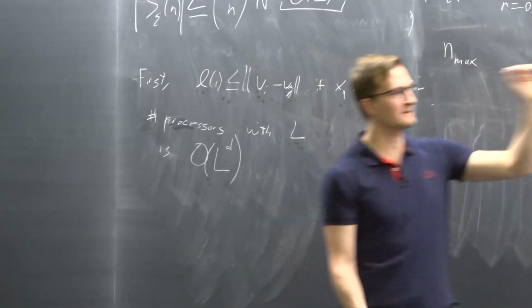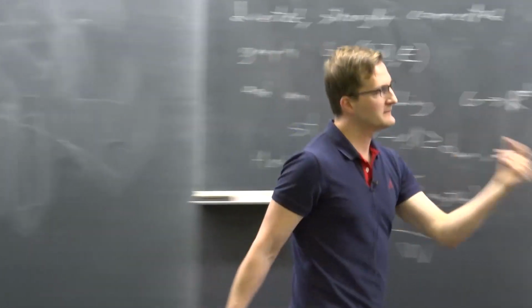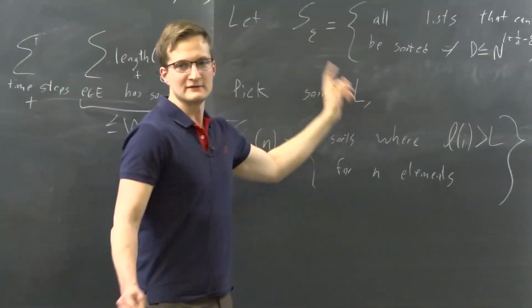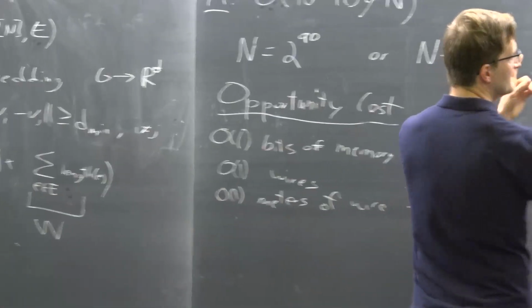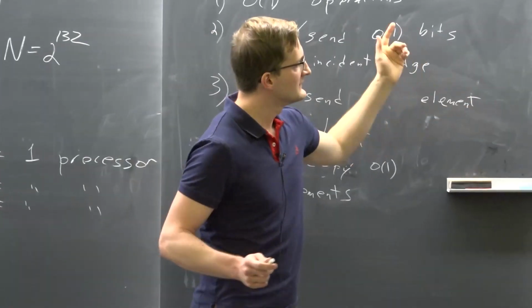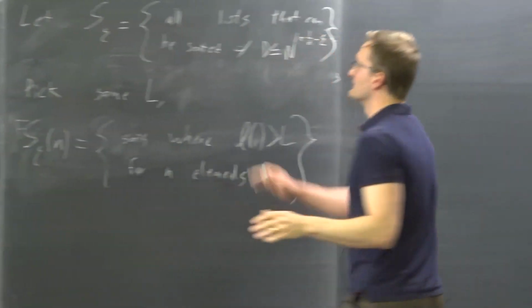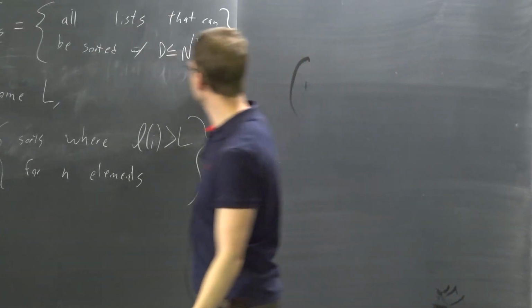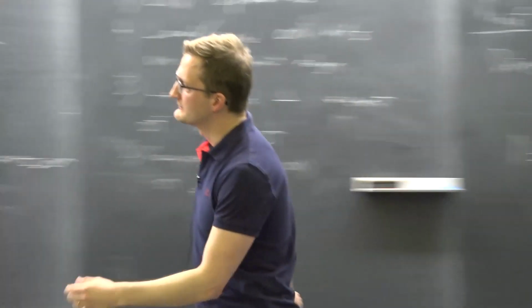So basically, what's the maximum number of elements in this list where they're traveling a distance at least L? And this is where we bring in the value D, which for this particular set, really made myself walk here, is bounded by this value. So I know that D is greater than this, so I'll write that down.